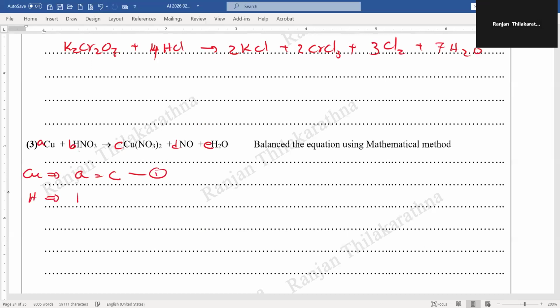Then we have B hydrogen. On the right hand side, you have only 2E. Then I consider nitrogen. Again, B equals, on the right hand side, you have 2N by C into 2, nitrogen, total 2C plus D. Then I consider oxygen. Then B into 3, 3B.